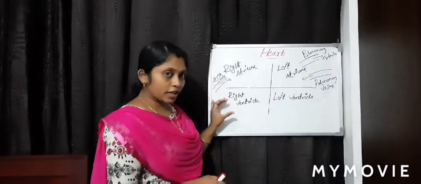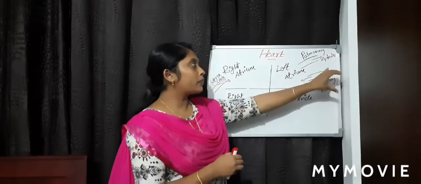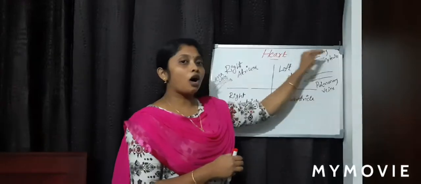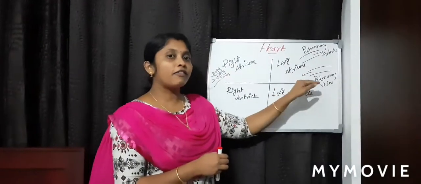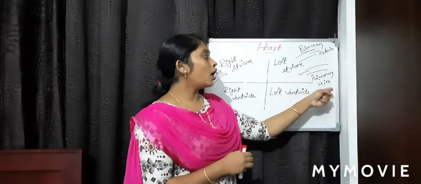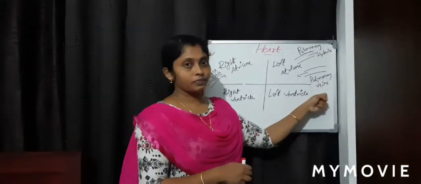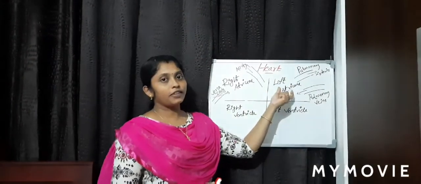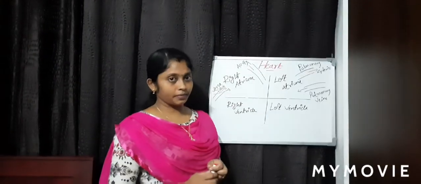The deoxygenated blood goes out from the heart through pulmonary arteries, and the oxygenated blood coming from our lungs enters the left atrium through pulmonary veins. Now the left atrium is filled with oxygenated blood.